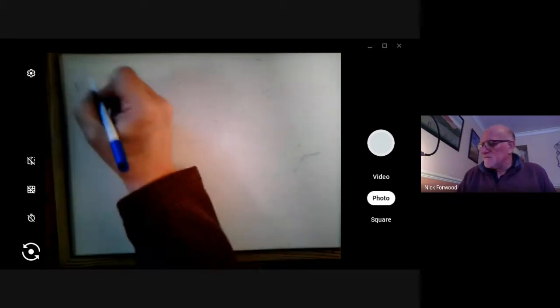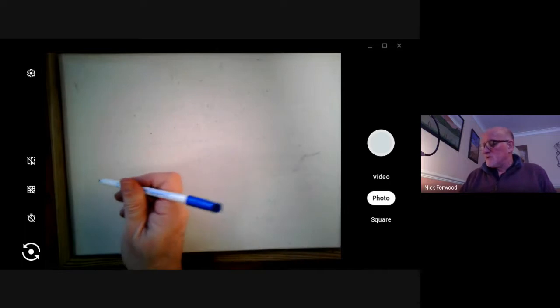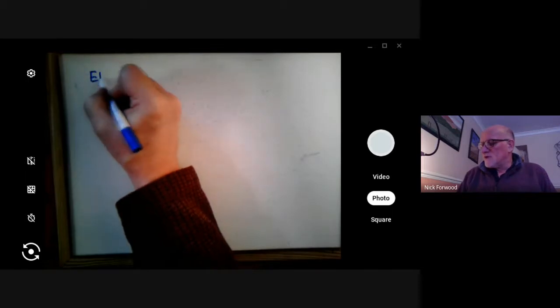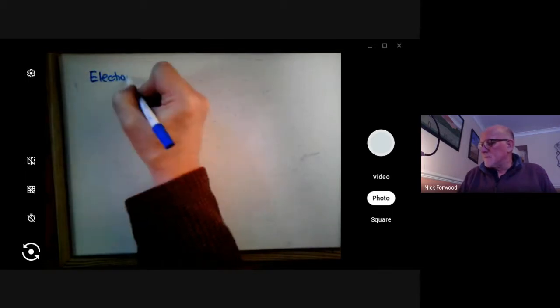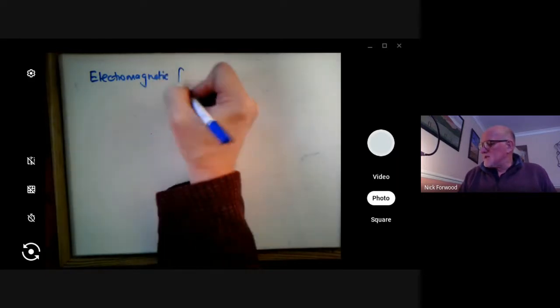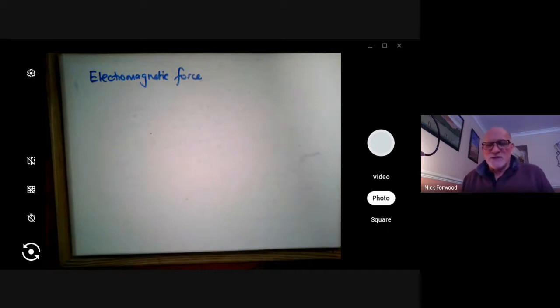Okay, so I'm going to start with the electromagnetic force, and there's a reason why I'm starting with the electromagnetic force and not the gravitational force this time, as will become clear shortly. So I've got the electromagnetic force. And what is the carrier particle, or the force mediating particle, that gets thrown backwards and forwards?